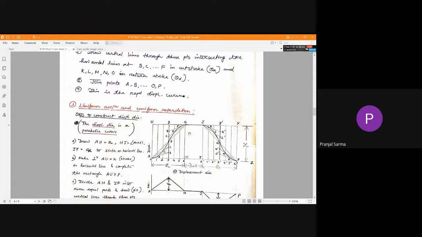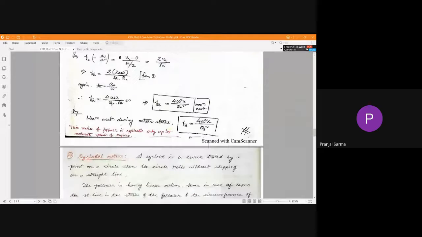So, what do you mean by ascent stroke? What happens in the ascent stroke, or the outstroke? And what about the descent stroke?